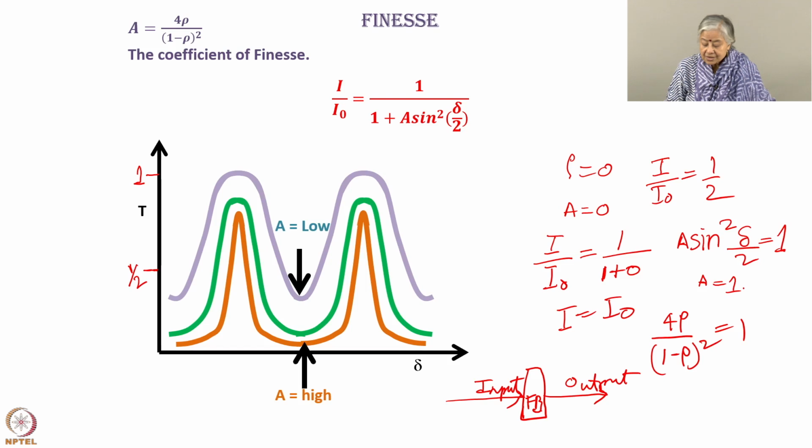So the modes in a Fabry Perot cavity, remember I had spoken about modes in the case of a laser resonator. The laser resonator is actually a large Fabry Perot itself.